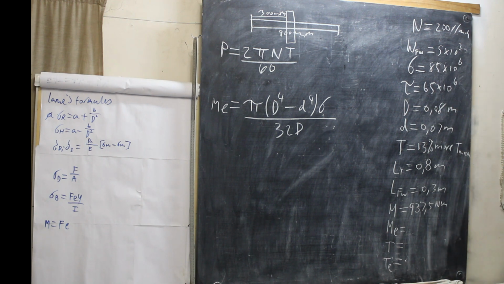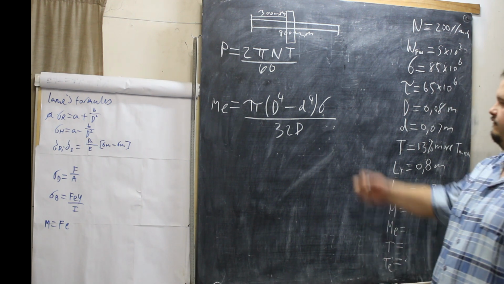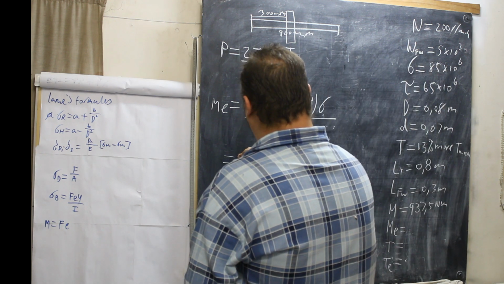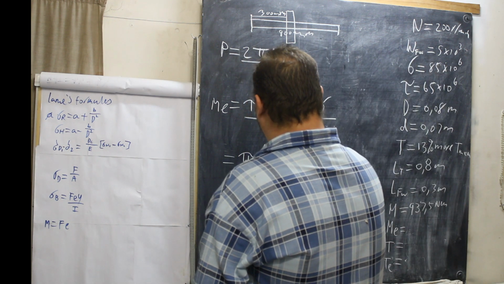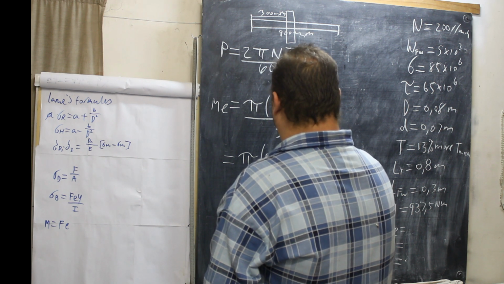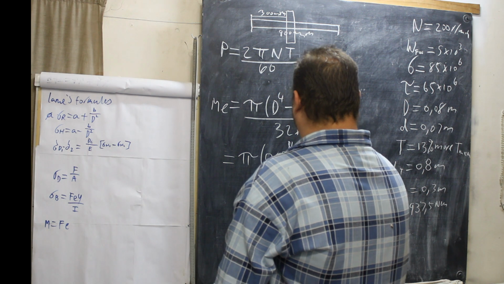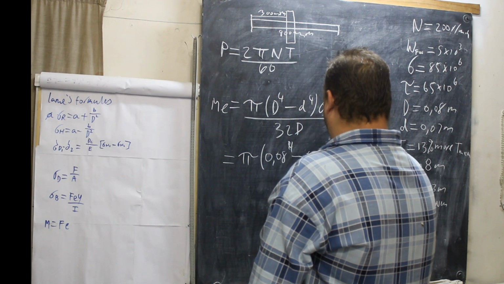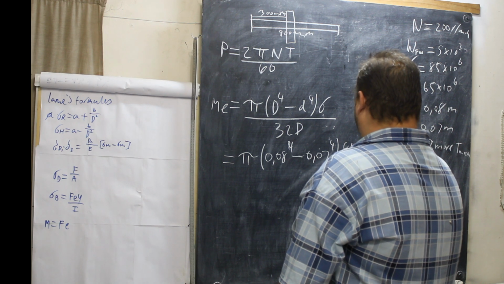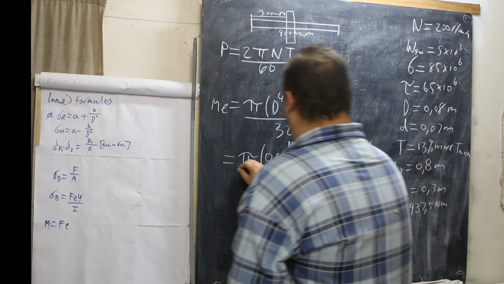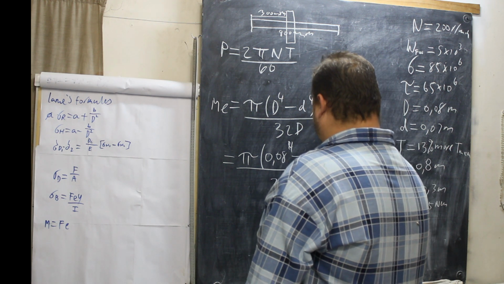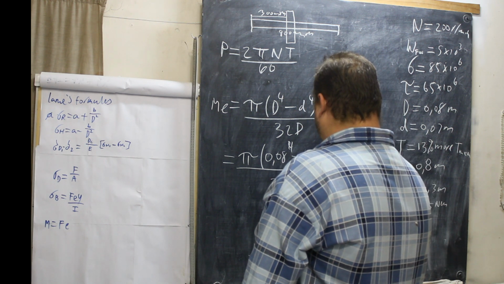That is your formula. Now we have every value that we need right here. So this will be pi times 0,08 to the power 4 minus 0,07 to the power 4, times 85 times 10 to the 6, all over 32 times 0,08.